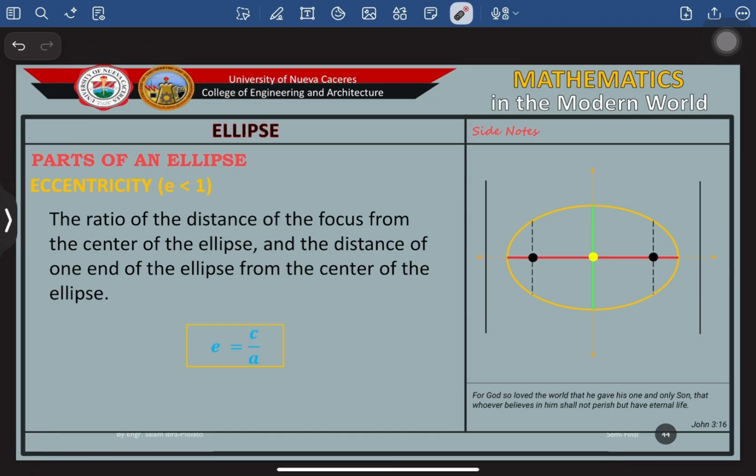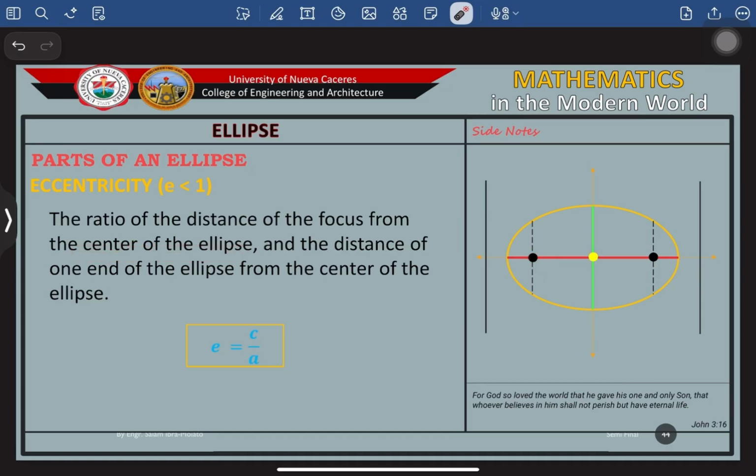Then for the eccentricity, for the ellipse, it is less than 1. So the formula to compute the eccentricity is given by e is equal to c over a. So the eccentricity is the ratio of the distance of the focus from the center of the ellipse, so ito yung sinasabi niya, 'di ba?